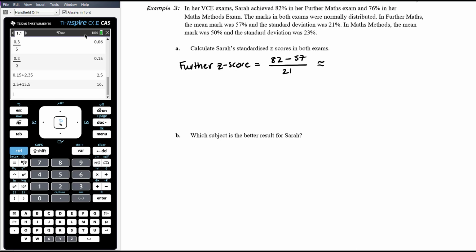So 82 minus 57 divided by 21. Let's go with the z-score to 2 decimal places; the question should tell you that. My apologies. So it's going to be 1.19, her Further Maths z-score.